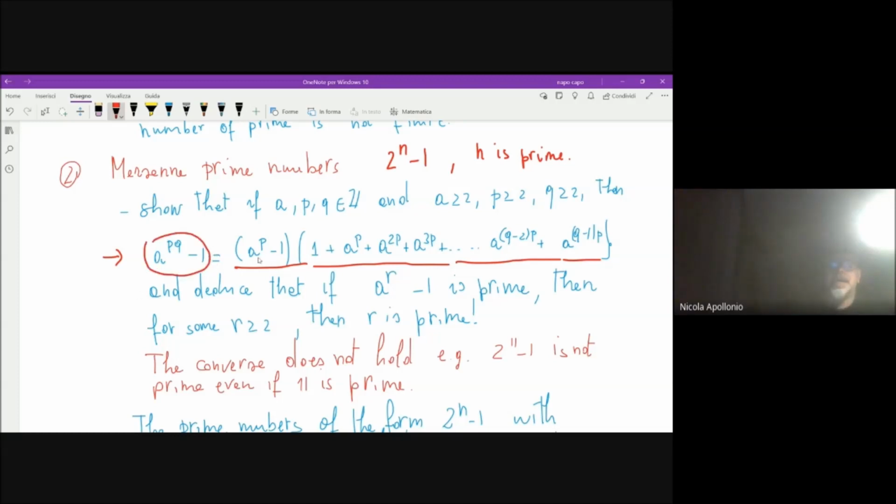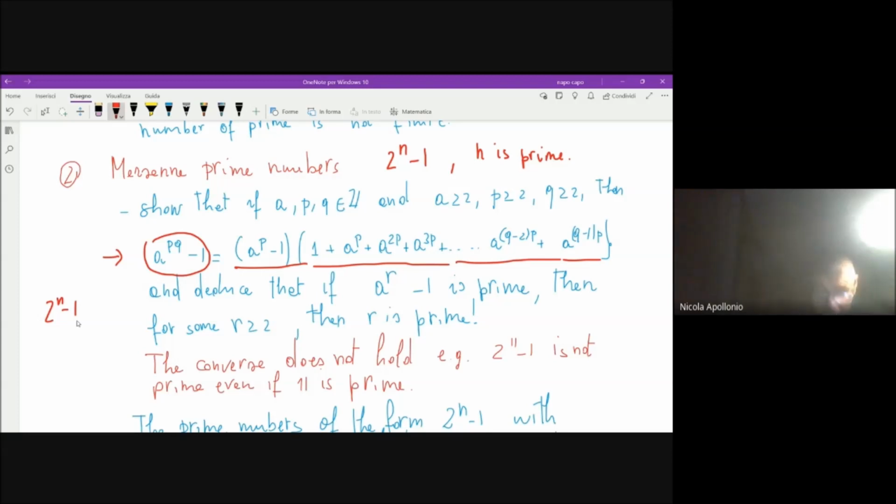if 2^n minus 1 is prime, then necessarily n is prime. Otherwise, if it were composite, you can use this identity to show that the whole number is composite, contradicting that the Mersenne number is prime.